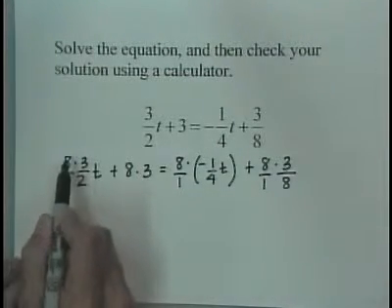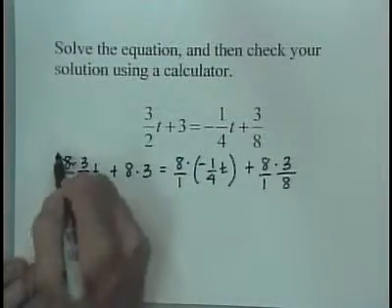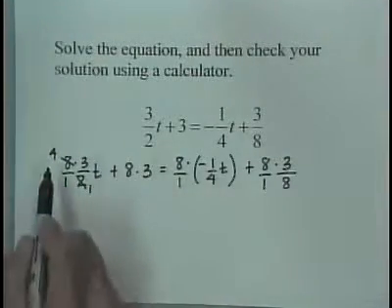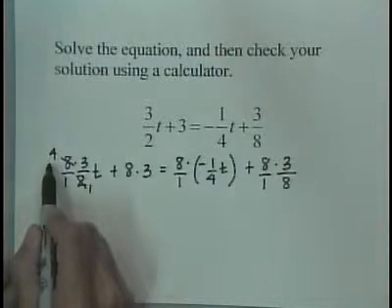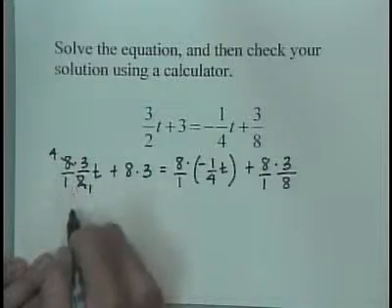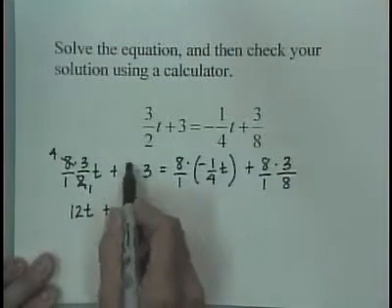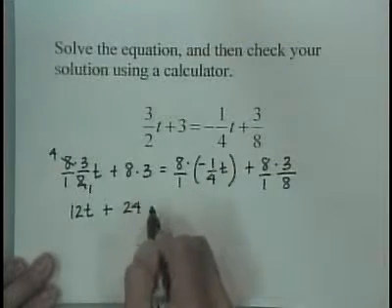And then when I multiply the fractions, I'm going to simplify. In this case, 2 goes into 8 4 times. And multiplying the results, I'll have 4 times 3, which is 12 over 1, or 12t, plus 8 times 3, which is 24.